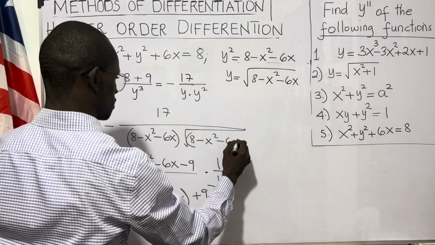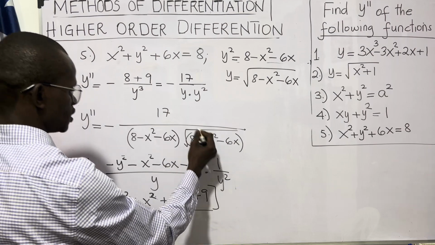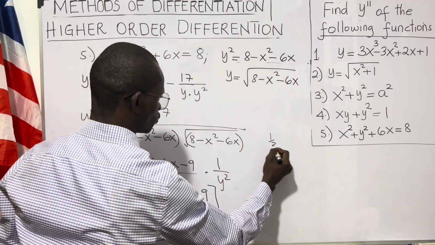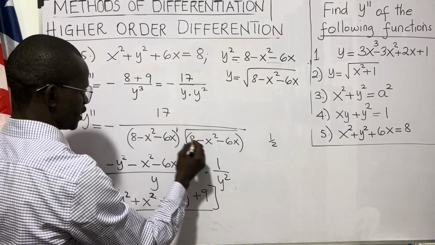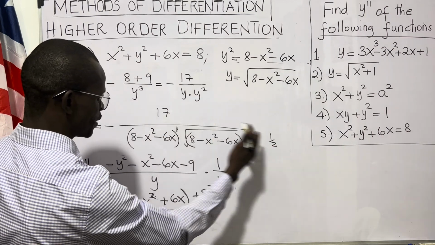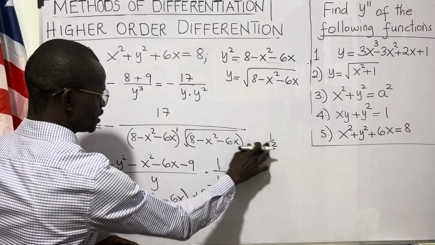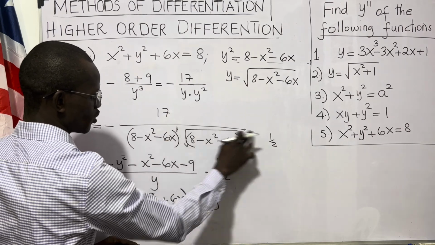But this root means a power of 1 over 2. The bases are the same. This one is 1, and this one is 1 over 2. So you can add the powers. So we add the powers, 2 times 1 is 2, plus 1 is 3.